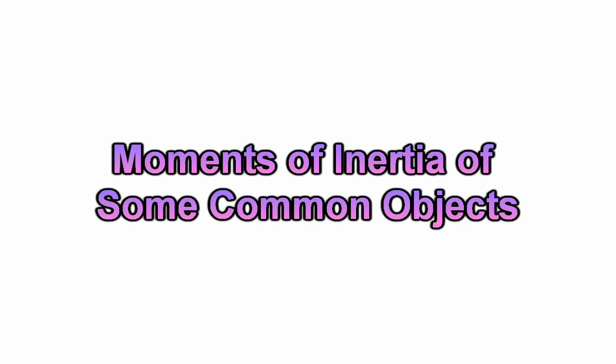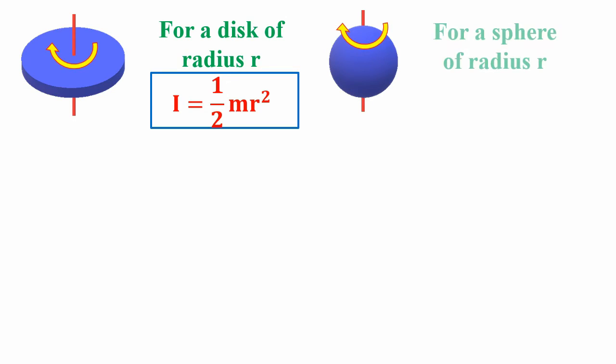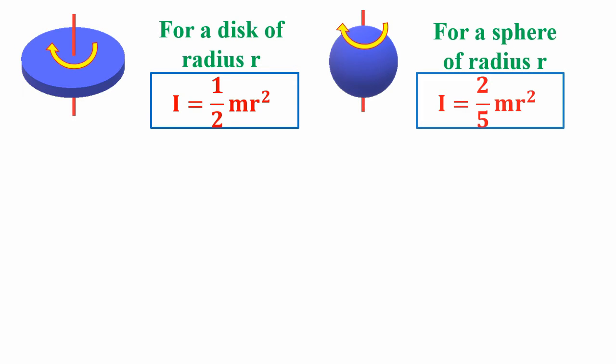For each of these, the red line represents the rotation axis. So first we have the disk of radius r, for which the moment of inertia is half mr squared, and we have the sphere of radius r, for which the moment of inertia is 2 over 5 mr squared.